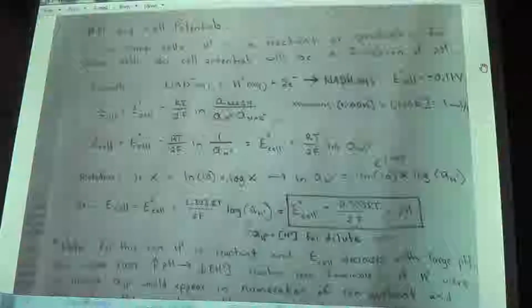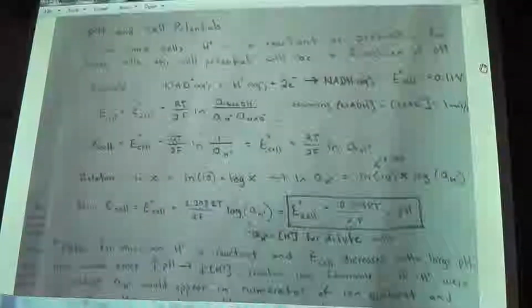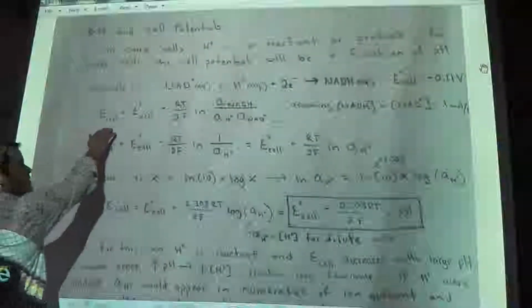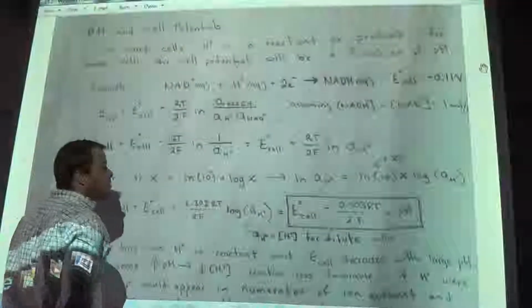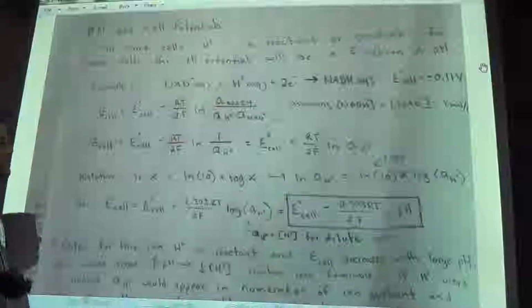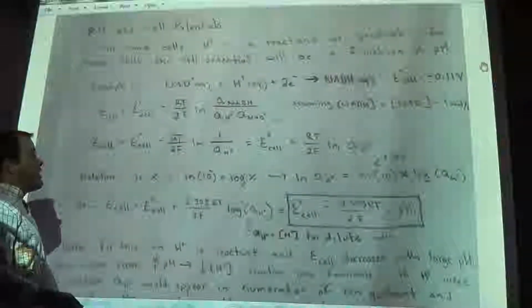For the sake of casting the equation, we're going to run some assumptions on this particular cell. We're going to assume that we've got equal concentrations of NADH and NAD plus. Our cell potential ends up being written out like this. NADH is our product. We take its activity divided by the activities of the reactants.